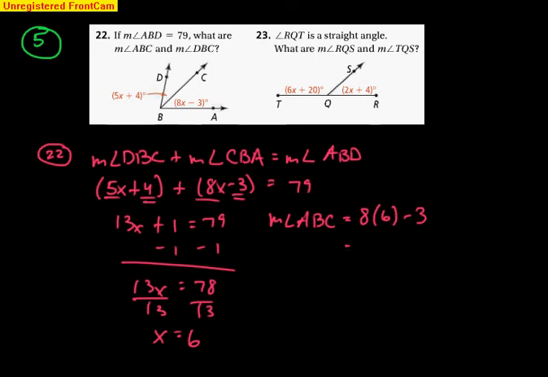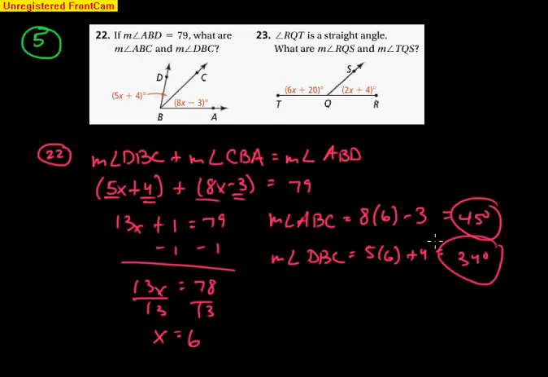That is 48 minus 3, which is 45 degrees. The measure of angle DBC, DBC is the angle on the left here, is 5 times x plus 4. That's 30 plus 4, that's 34 degrees. And the magic of mathematics, 34 and 45 is 79.